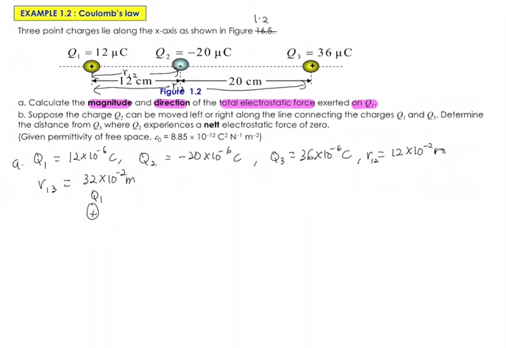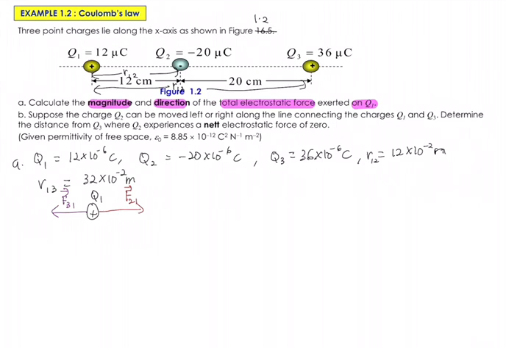Sketch and label it F21. For charges Q1 and Q3, both are positive charges, so on Q1 it has a repulsive force. Label it F31.